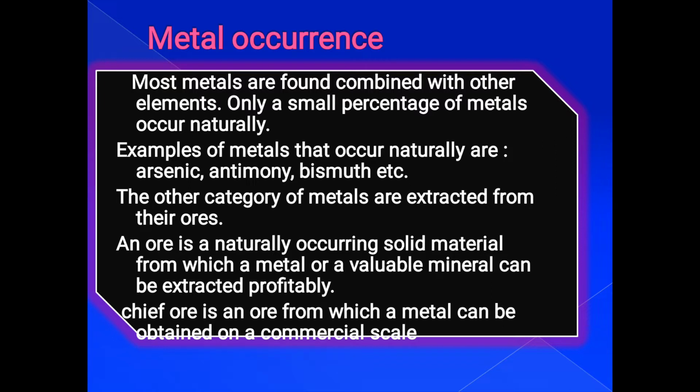An ore is a naturally occurring solid material from which a metal or a valuable mineral can be extracted profitably. And you underline the word profitably. The chief ore is an ore from which a metal can be obtained on a commercial scale.